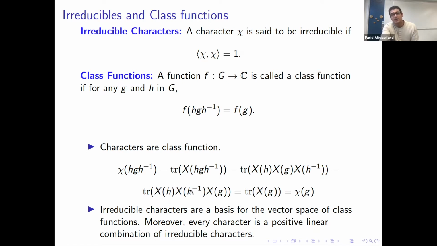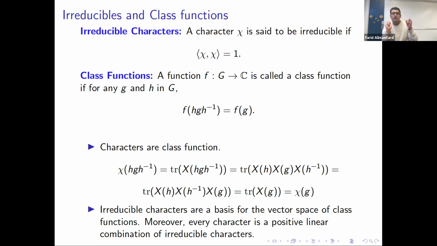This is going to the identity, so the only thing remaining is the trace of X(g), which is chi of g. So these two are equal. Therefore, for any two elements in the same conjugacy class, every character takes the same value. Therefore, every character is a class function.